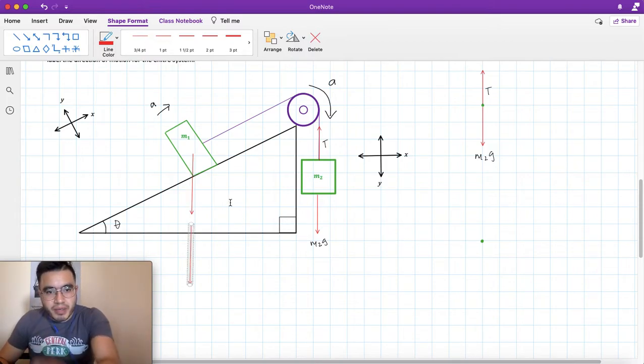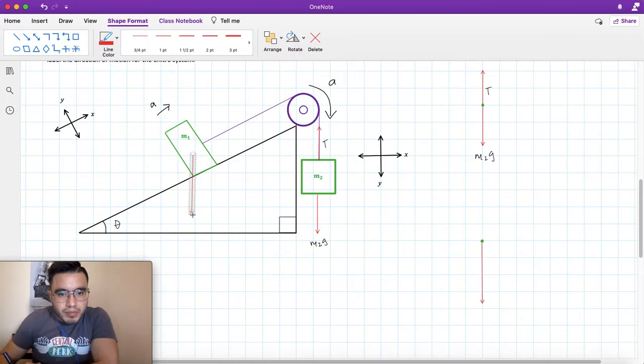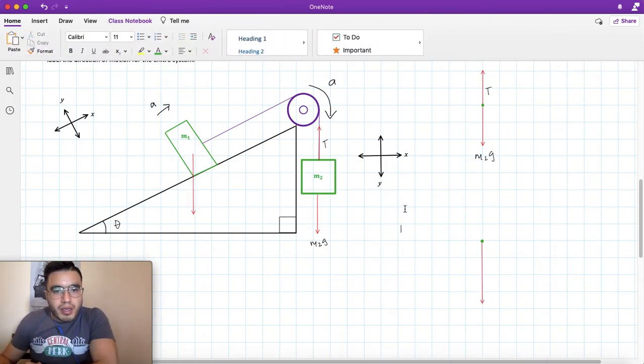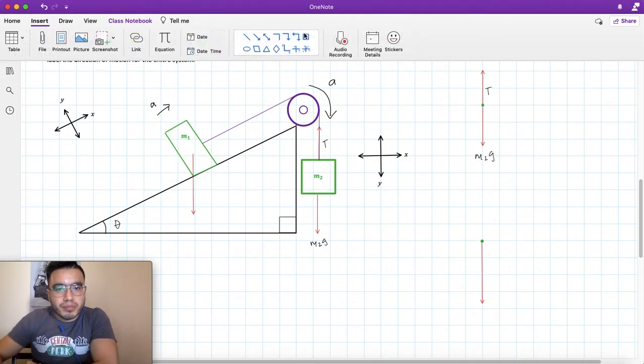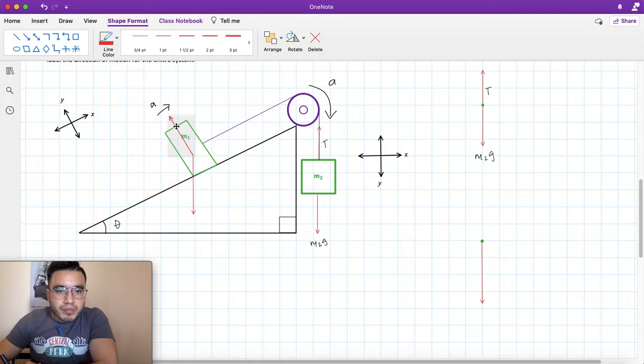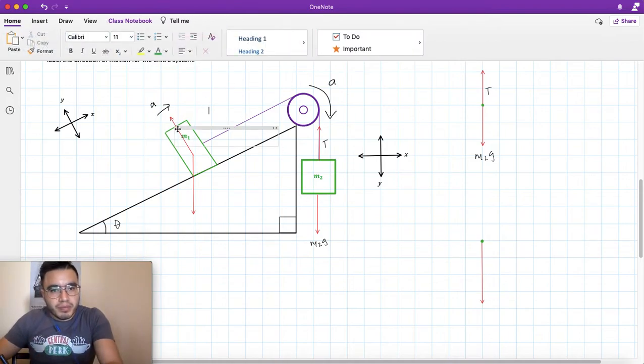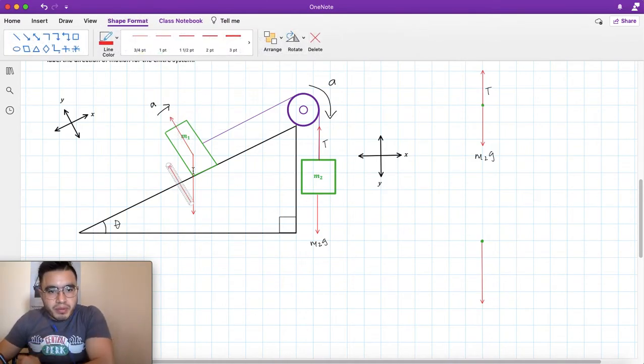Then I'm going to copy that vector to my free body diagram over here. And then I have the normal force perpendicular to the surface. There you go. Copy this one for my free body diagram.